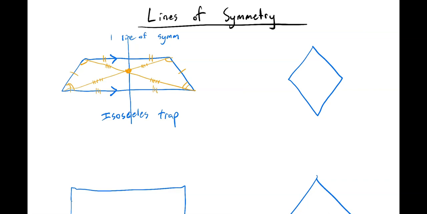Over here, if you cut this down and you have, again, one line of symmetry like this, then this one ends up being a kite. And you can see that right here by saying, okay, well, this side's the same as this one's the same as this because of the line of symmetry. But then you get all this other stuff, like this angle's the same as this angle's the same as this angle's the same as this one.